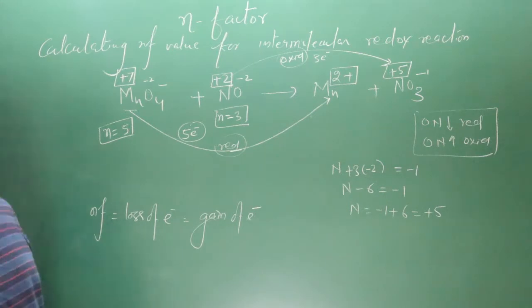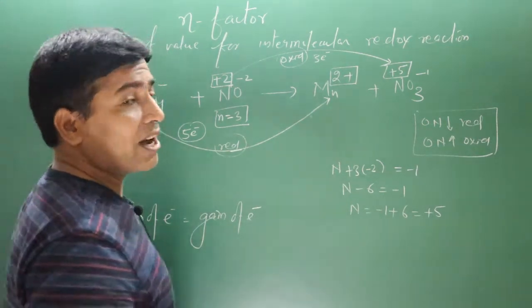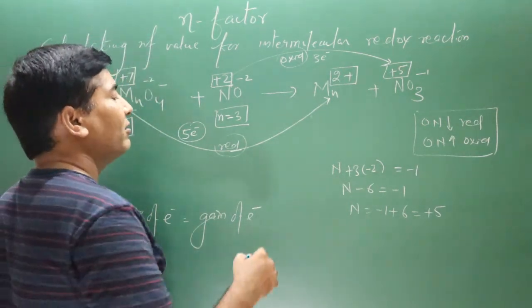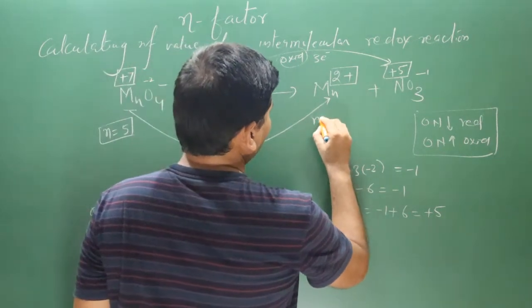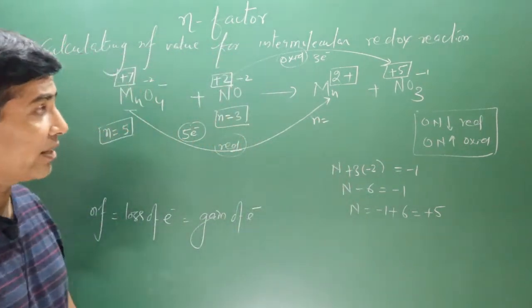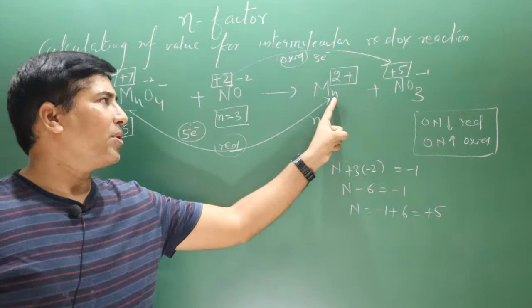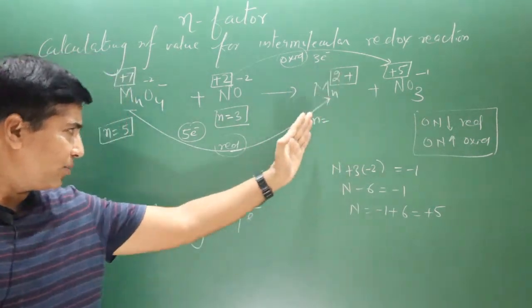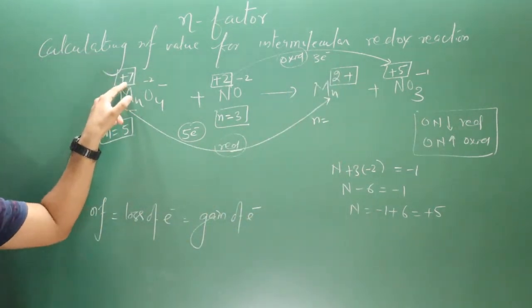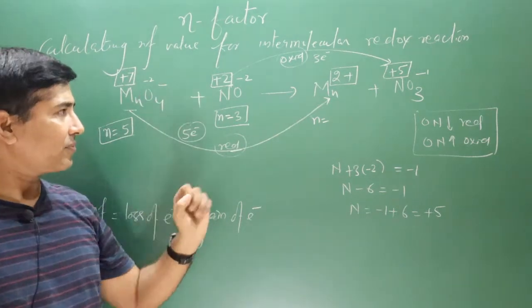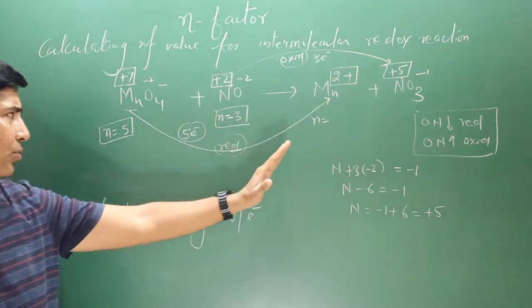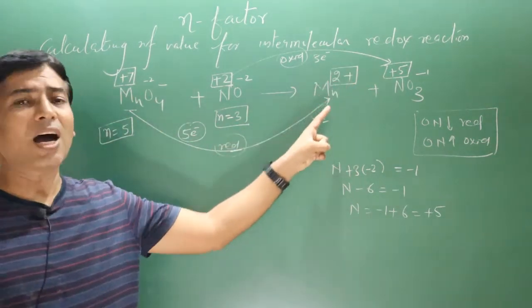In a similar manner, let's calculate the n factor value for the manganese species. Now look at the oxidation number. This manganese has +2 oxidation number, and then the other manganese shows +7 oxidation number, +2 to +7. If I move from product to reactant side, it shows oxidation.